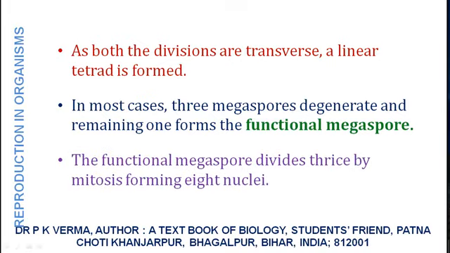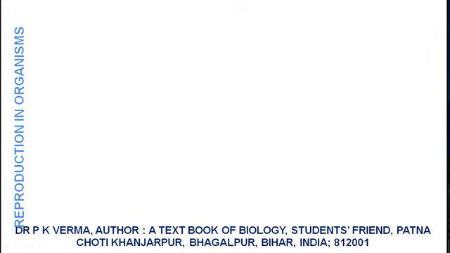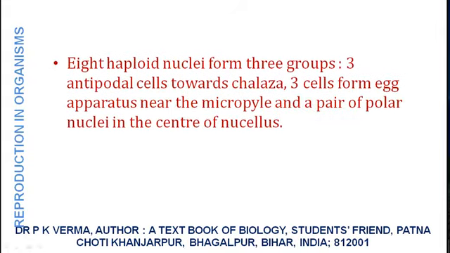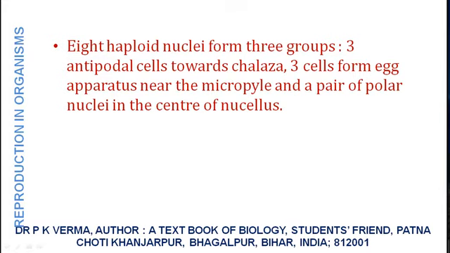Now the functional megaspore divides thrice by mitosis and 8 nuclei are formed. These 8 nuclei divide into 3 parts. One forms egg apparatus with 3 cells, another antipodal with 3 cells and 2 central nuclei.